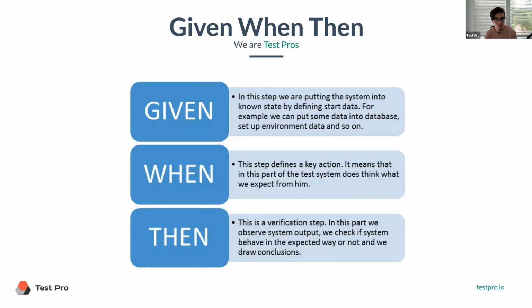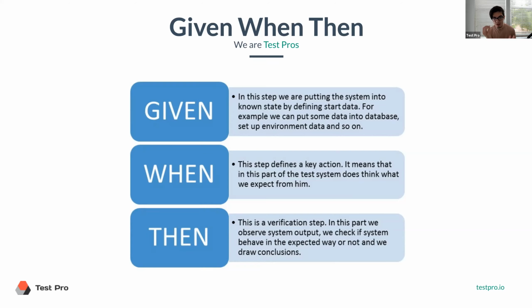All right, so again, it uses three main portions. The first one is given, and given is our precondition. For example, when we go to the login page and add an email, in a test case where we're trying to log in as an existing user, we should have a precondition saying the user has an existing email and password.